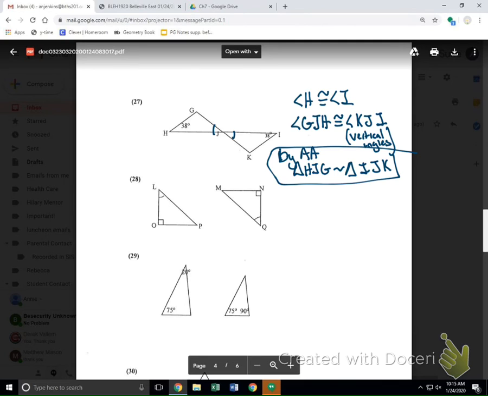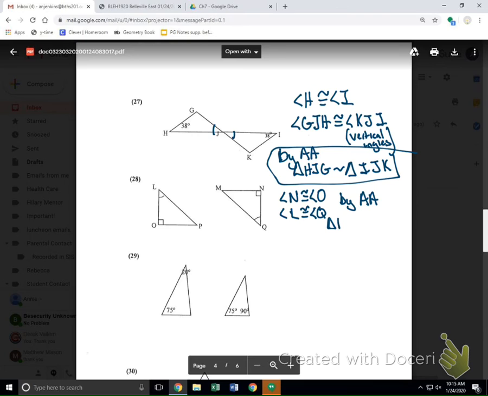Your second one up. Do we know anything about the angles that are congruent here? They got N and O. So N is congruent to angle O. They're both right angles. And then Q and L. Yep. So L is congruent to Q. Okay, so by AA, we know our triangles are similar.